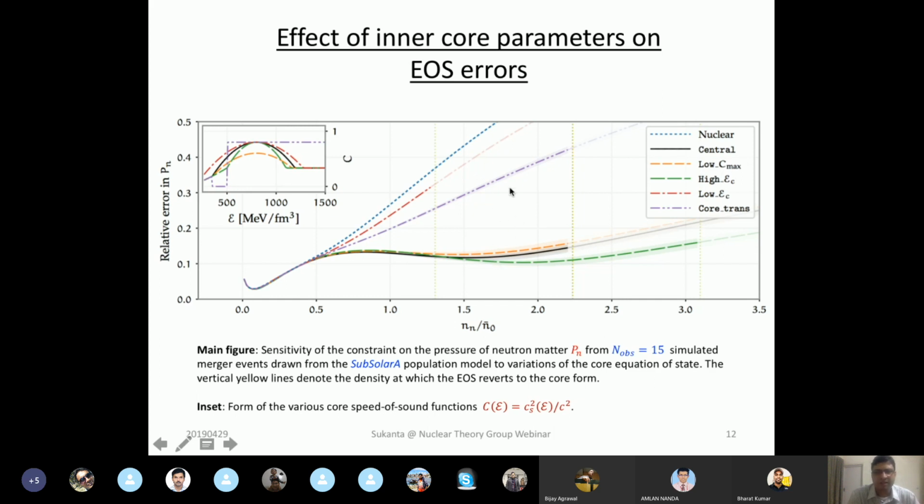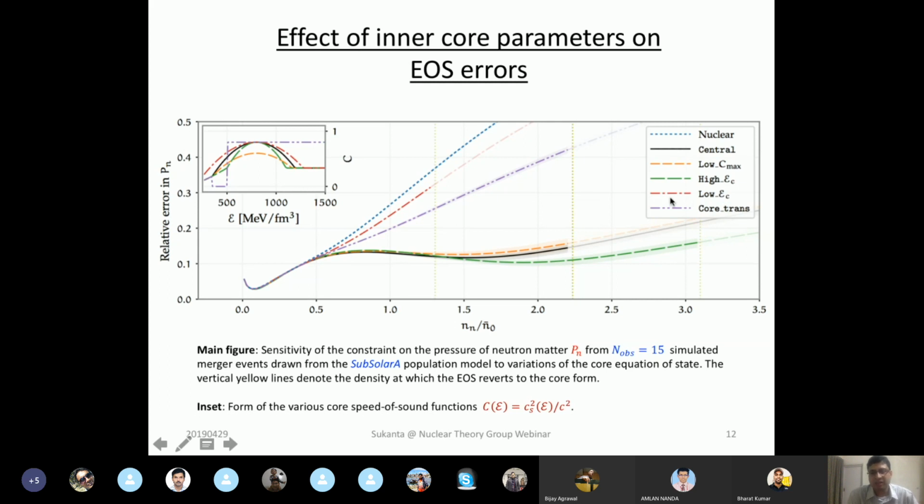For some cases, there's a reason for that, and the reason is that some of these changes have very little effect. For example, when the transition to the inner core happens at a low energy density, then the extent of homogeneous neutron matter, which I showed in green in the outer core, becomes very limited.